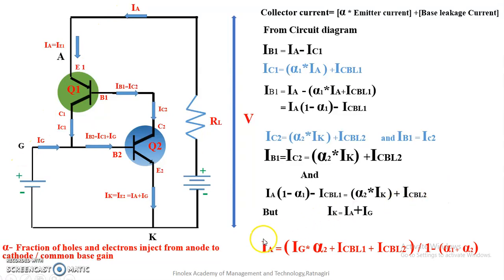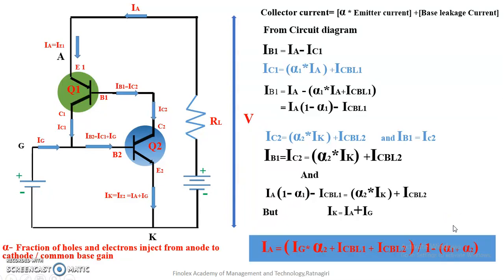So finally we get the anode current of the SCR: IA is equal to IG times alpha 2 plus ICBO1 plus ICBO2, complete bracket, divided by 1 minus (alpha 1 plus alpha 2). This is the expected equation for the anode current of the SCR.